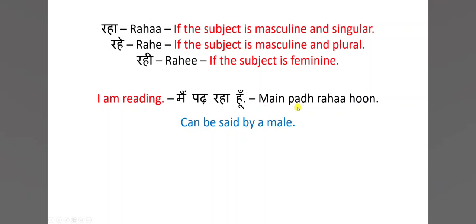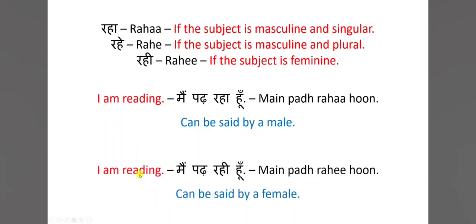Okay. मैं पढ़ रहा हूँ. If a female wants to say the same sentence in Hindi, then she will have to say मैं पढ़ रही हूँ. मैं is I, पढ़ is read, रही is ing, हूँ is am. पढ़ रही is reading.